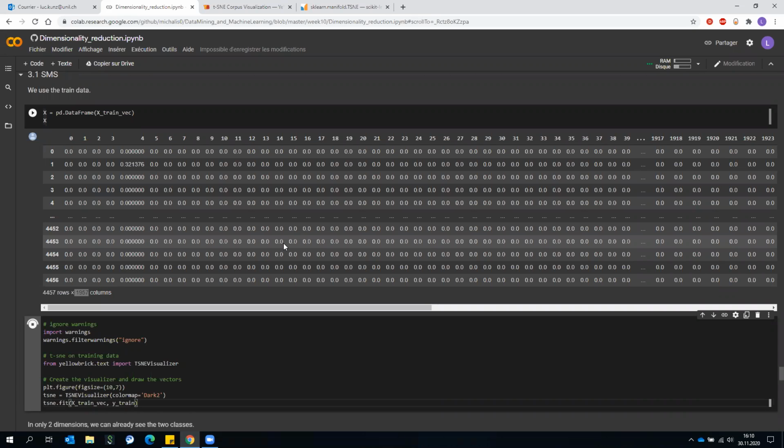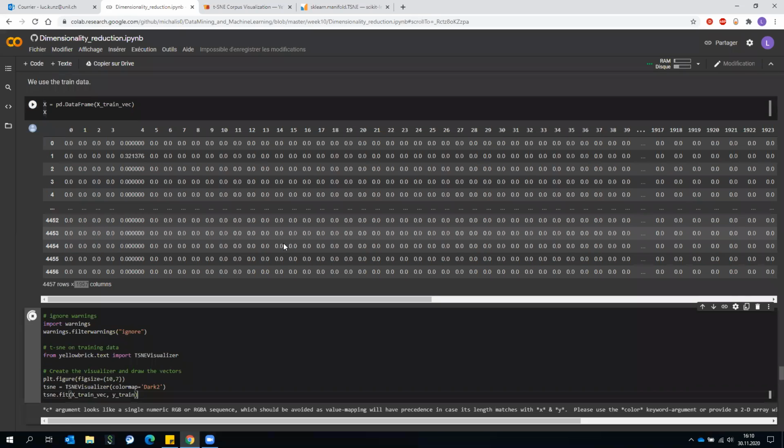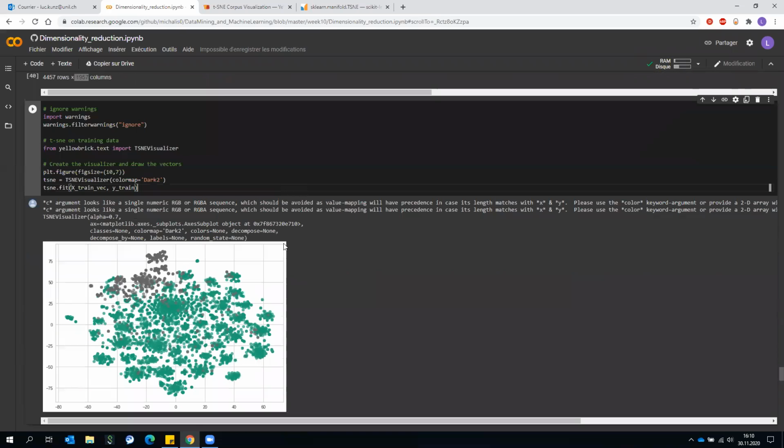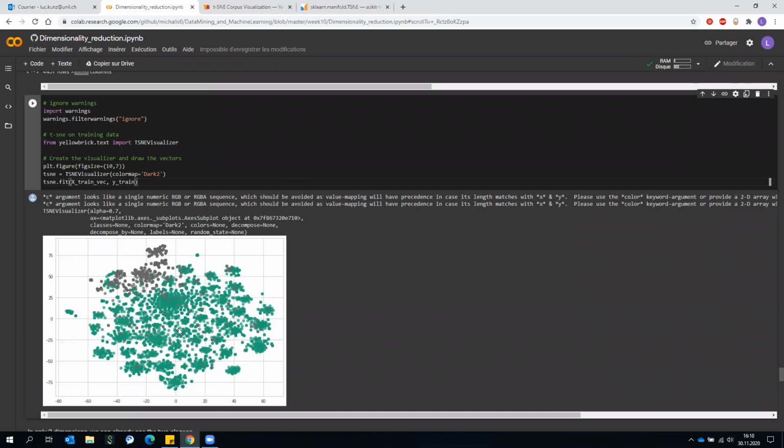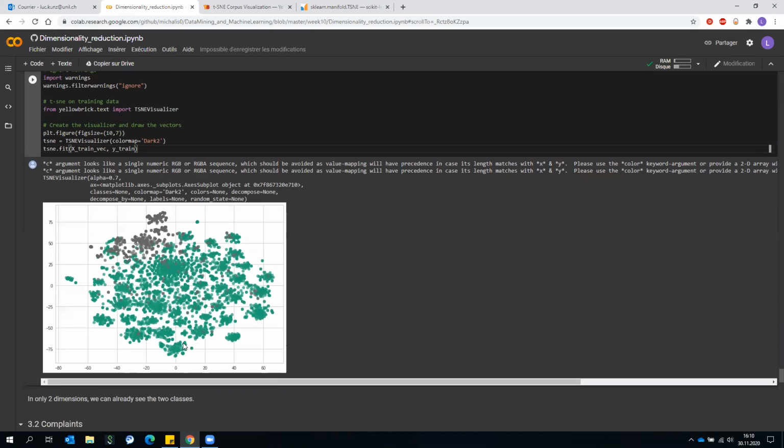And if I do this, we saw that in 2 dimensions we have our spam region, I would say, and our ham region, with some spams that are a bit here, but we can see a separation, and it's a good result because we went from 2000 to only 2 dimensions.